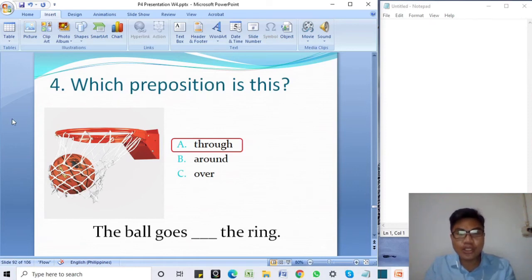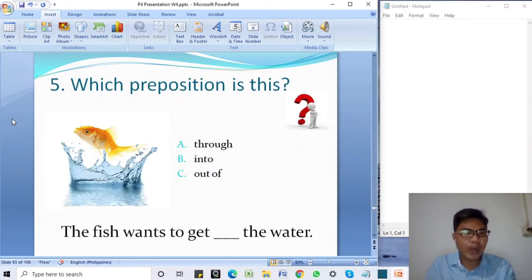Now let's move on to the fifth question. Which preposition is this? A fish and the water. The sentence goes like this: the fish wants to get blank the water. Is it A? The fish wants to get through the water.